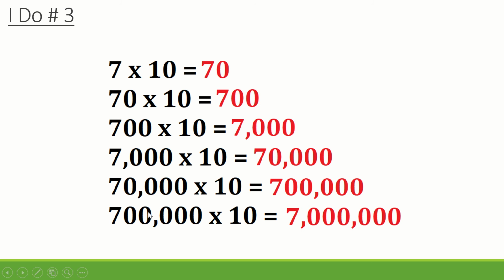And so basically what I'm highlighting here is that if I multiply a nice round number such as 7, 70, 700, 7,000 by 10, I am able to identify a number that has a value that is 10 times the initial factor.